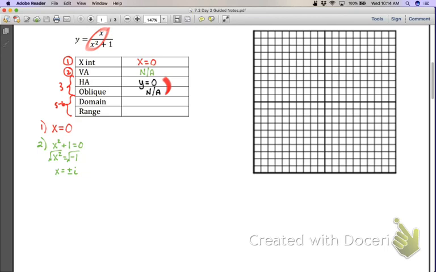So then from here, if I'm going to graph my asymptotes, I have a horizontal asymptote here. Now, I don't have a vertical asymptote. Okay, because it's imaginary, so that's not going to be the case.